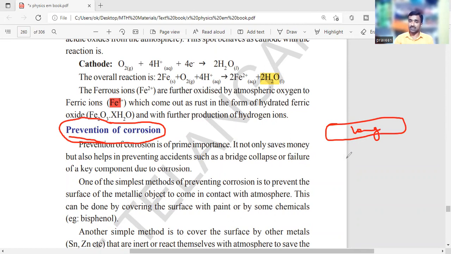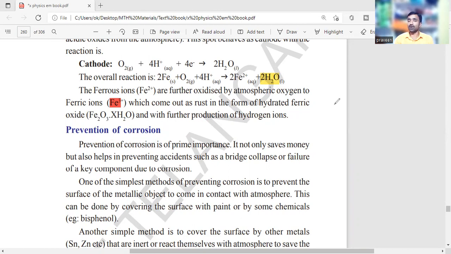So you avoid contact of oxygen and water. If you avoid contact with water or air, the electrochemical process will not take place.